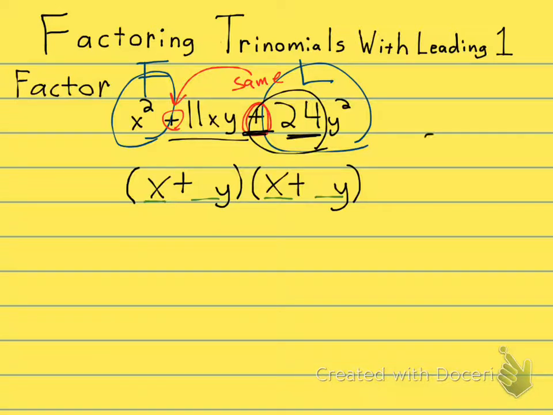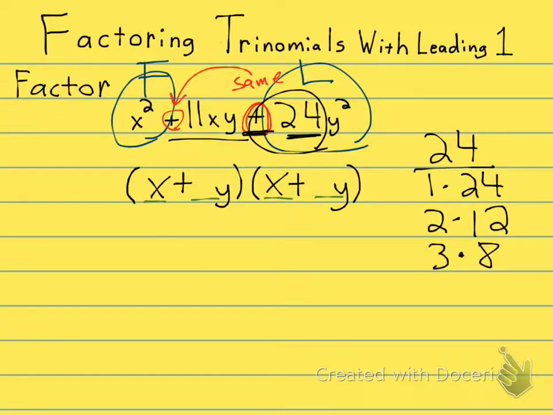Let's list them all. So 24, I'll list all my two numbers that will multiply to give me 24. So it's either going to be 1 and 24. It could be 2 and 12. It could be 3 and 8. It could be 4 and 6.